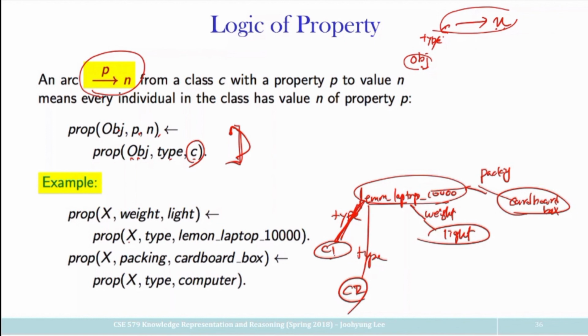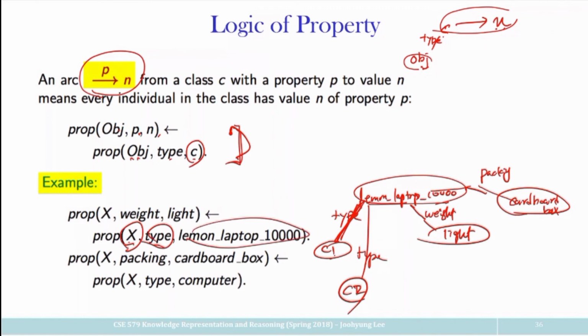I have a question. Why is Lemon Laptop the center instead of X being the object? X is any object. Here, this means subject, predicate, and object.